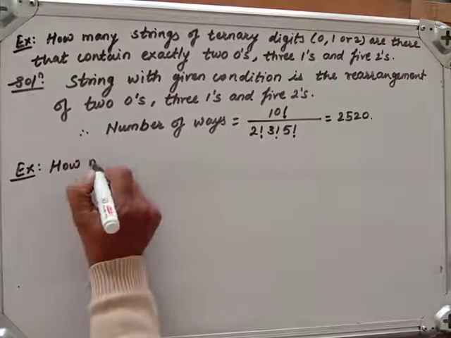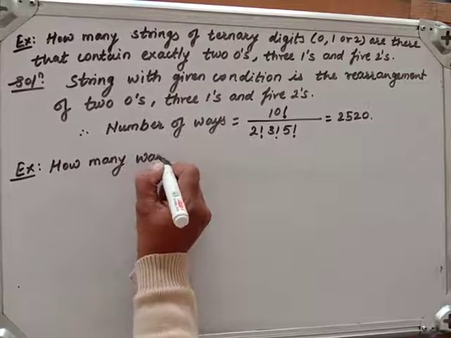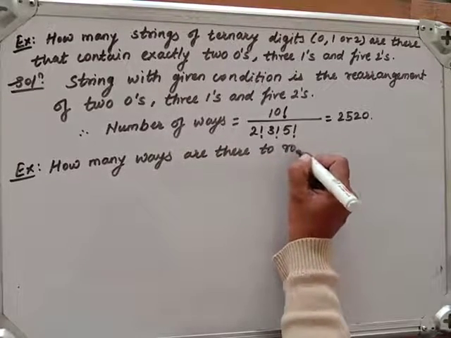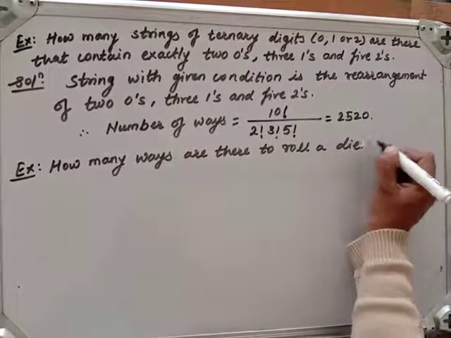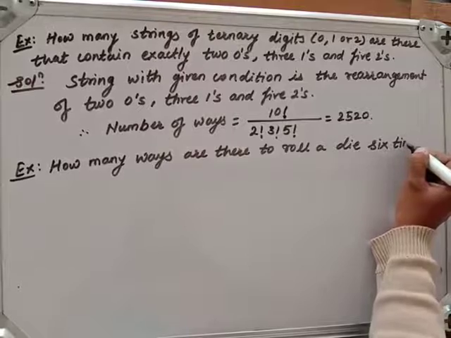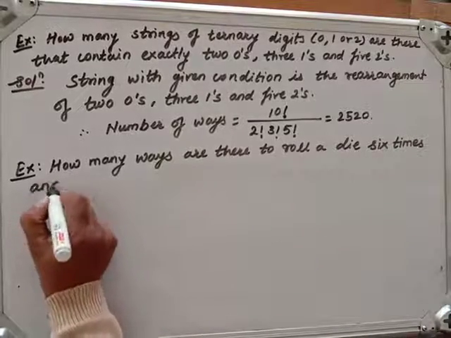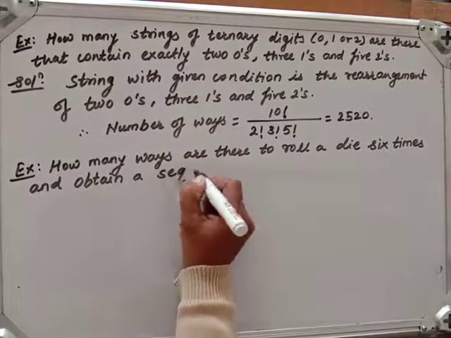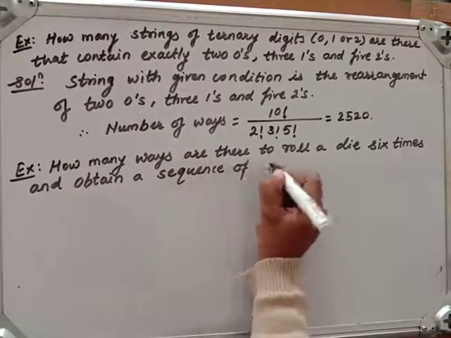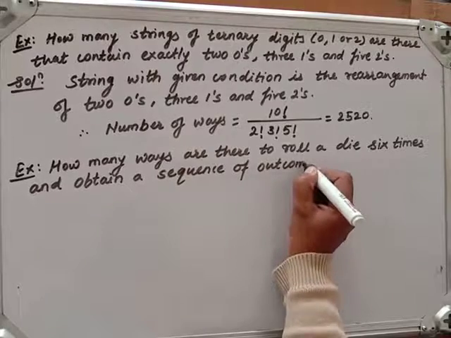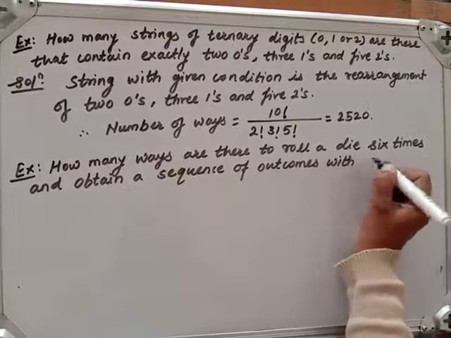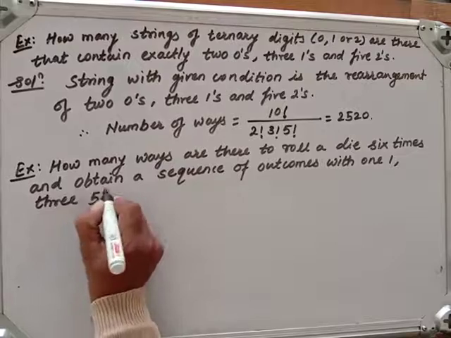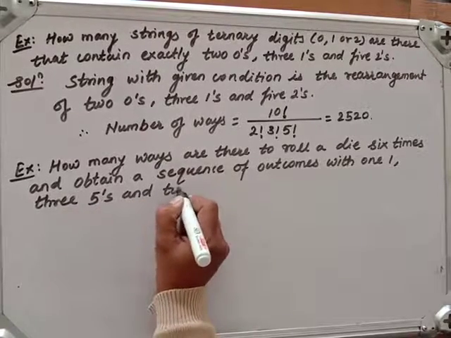How many ways are there to roll a die 6 times and obtain a sequence of outcomes with 1 one, 3 fives and 2 sixes.